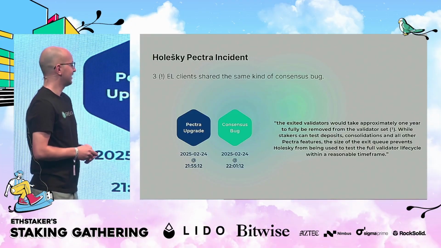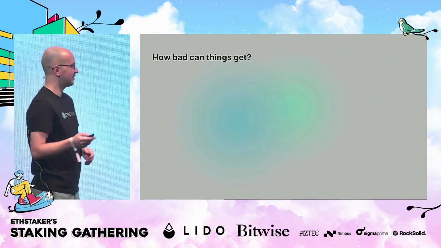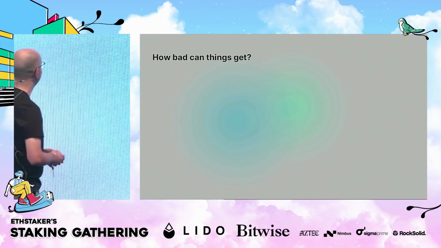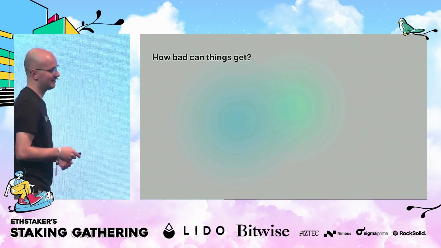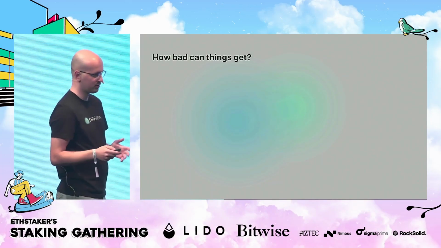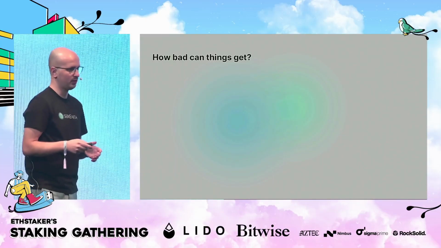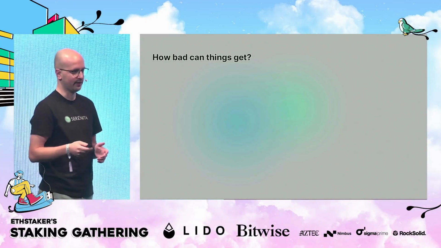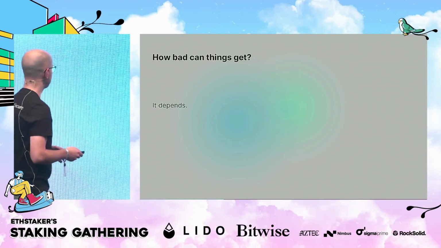So, as we've seen, it can happen. And how bad these things get kind of depends on what the whole network does. In this case, a lot of the network ran those 3 clients that were affected. That's why it was so bad.